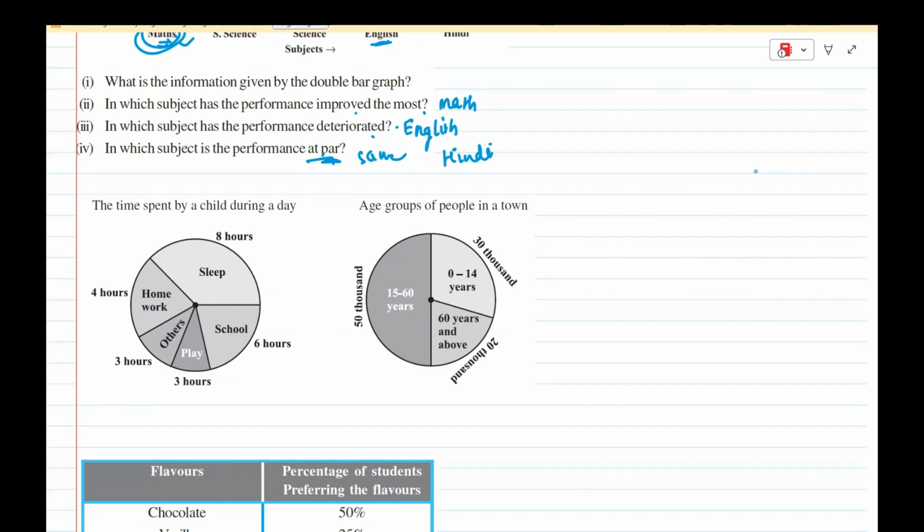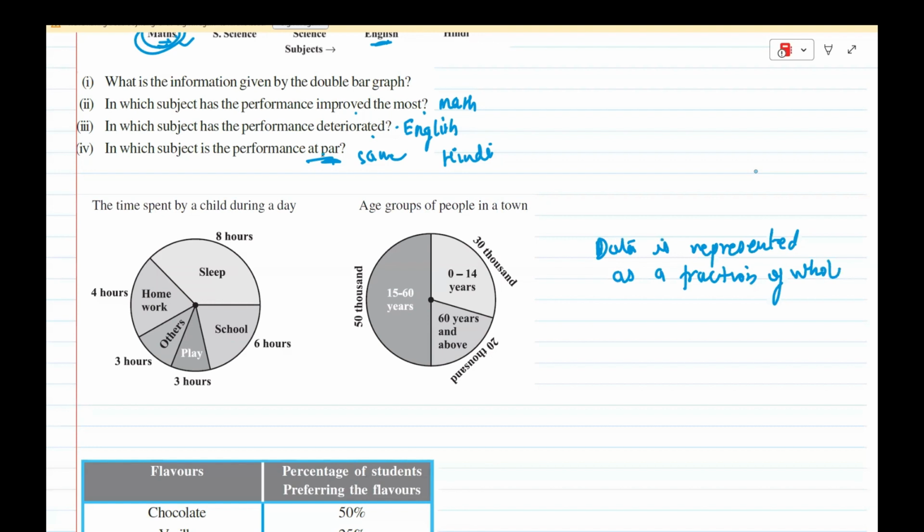What is it? Suppose I want to show data in terms of fractions, then I represent it in terms of a pie graph, when the data is represented as a fraction of a whole.